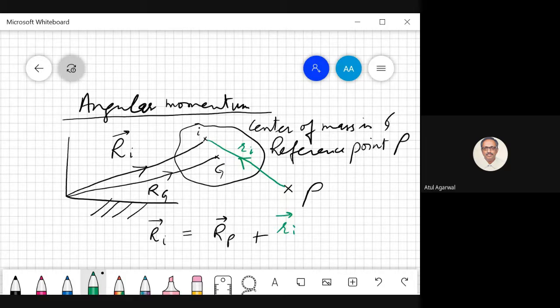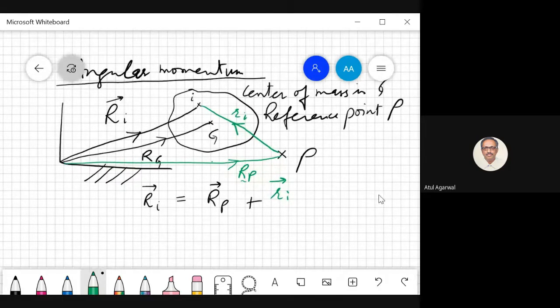Position vector of point I with respect to a fixed coordinate system is equal to position vector of point P with respect to the fixed coordinate system plus position vector of point I with respect to the reference point P. You see, this vector plus this vector, this is Rp, is equal to vector Ri. Any problem?